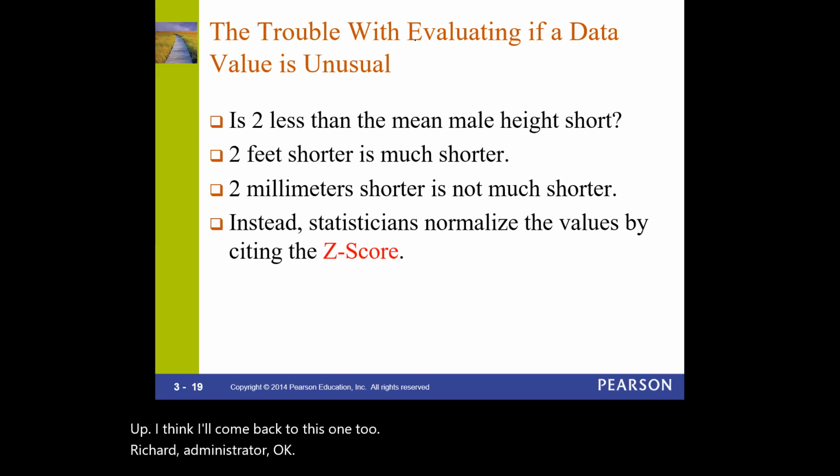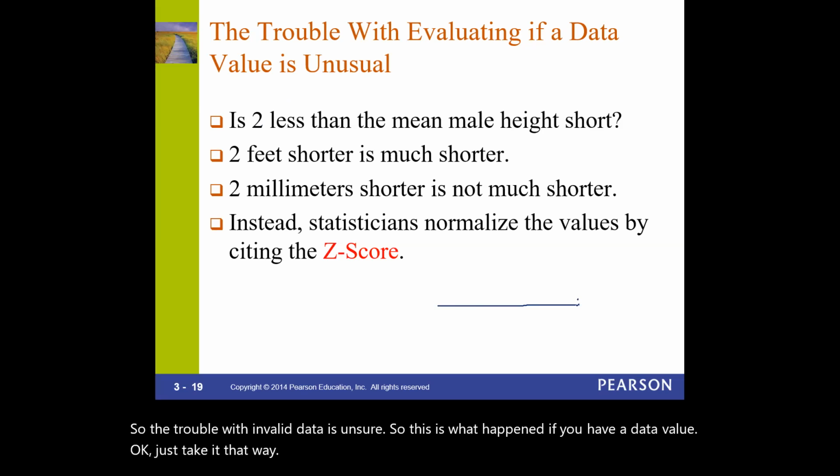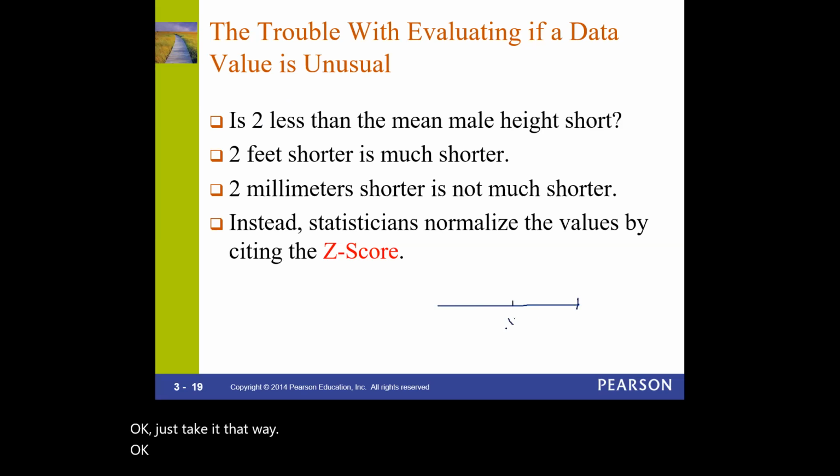So the trouble with picking a value is when data is unusual. This is what happens. If you have a data value, just think of it that way, and then this is X bar. This line here is X bar plus 2S.